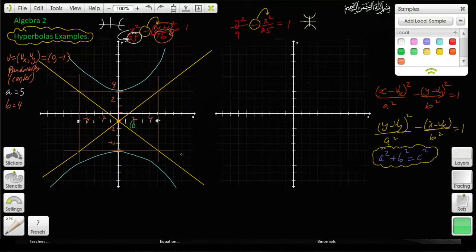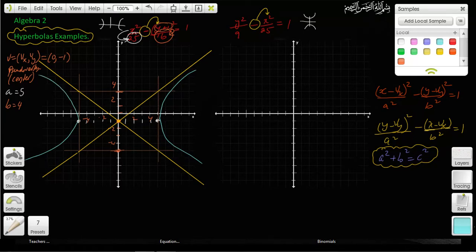Or, for example, if you pretend this was going to be a horizontal hyperbola like this, then these would be the two vertices. If you plug in the pseudo-vertex value, which is 0, -1, you'd generate this value and this value over here.